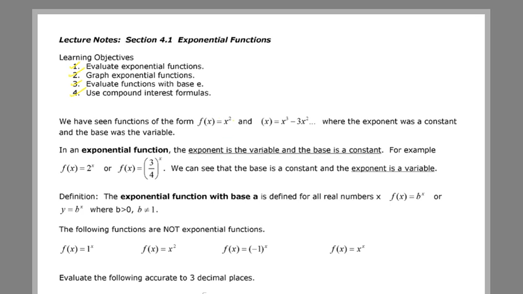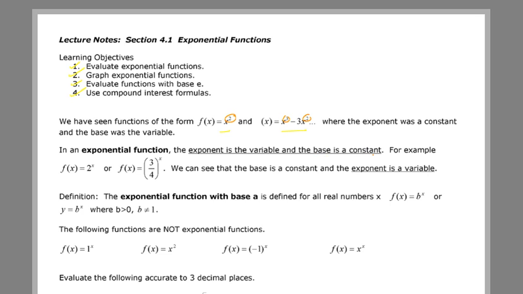Anyway, let's see what we've seen. We've seen these quadratics, the x squared as a polynomial. We've seen x cubed minus 3x squared. What I'm trying to get at here is that the exponent is a constant. An exponent of 2, exponent of 3, exponent of 2. In an exponential function, the exponent is now going to be a variable.